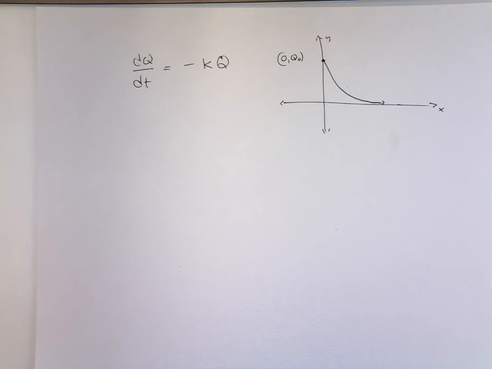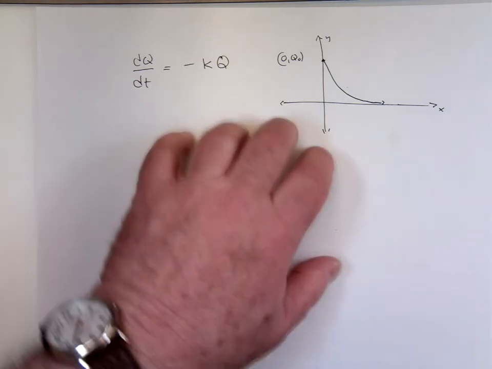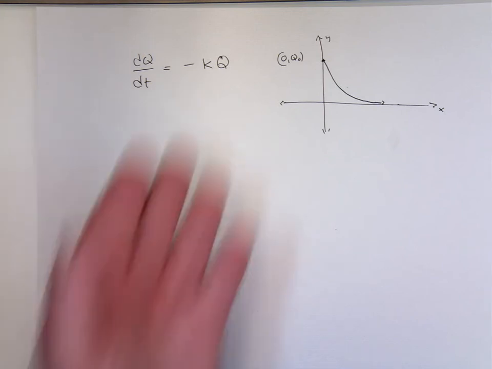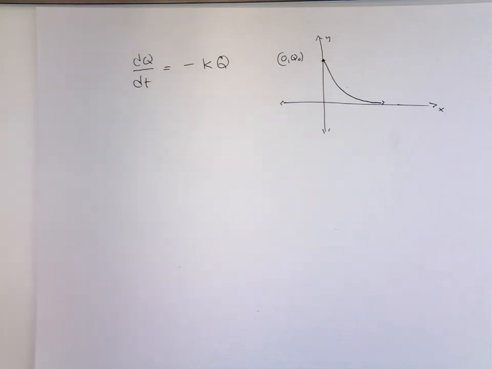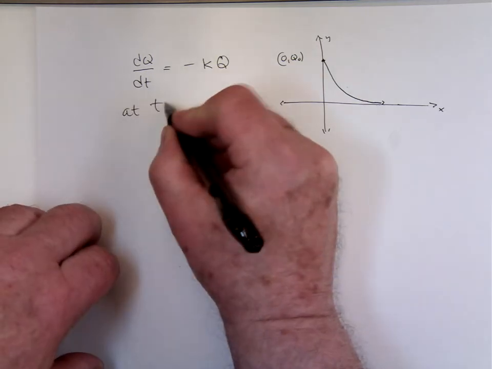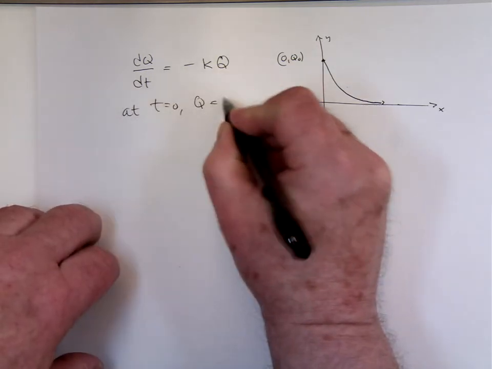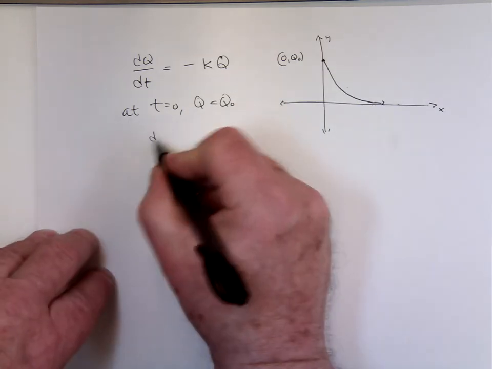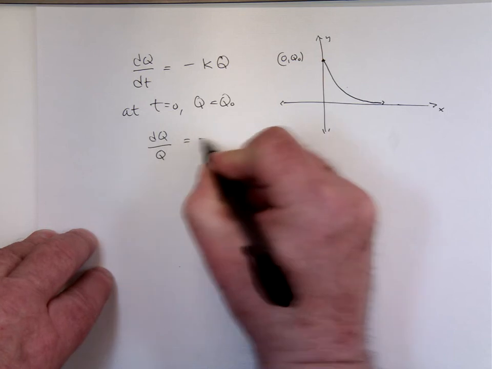Okay, so it's the same idea as what we've just been doing, except now it's decreasing over time. We're going to solve the differential equation, and at t equals 0, q is q sub naught. So what do you get? You get dq over q is equal to negative k dt. Integrate each side.